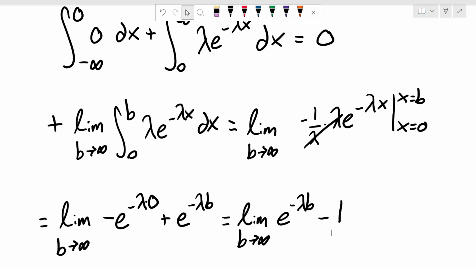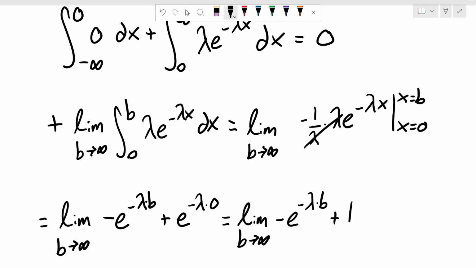Actually, I totally did my bounds backwards, didn't I? This one should have been b, and this one should have been 0. Whoops. And that's, of course, going to be important here. So it'll be the limit of negative e to the negative lambda b plus 1.